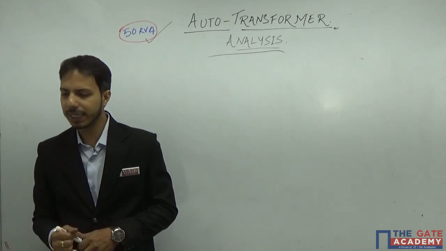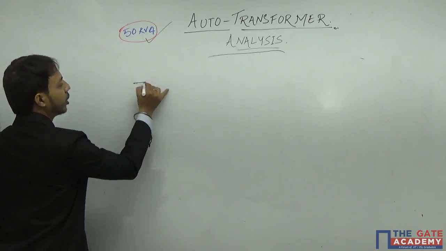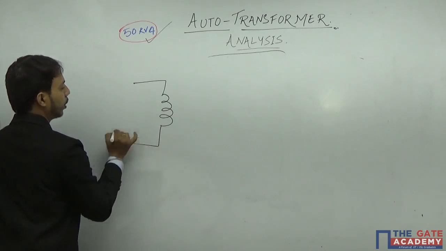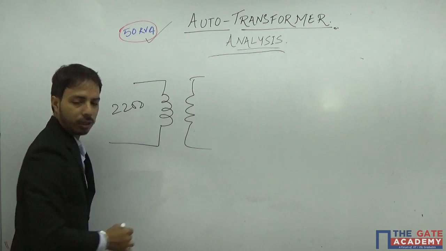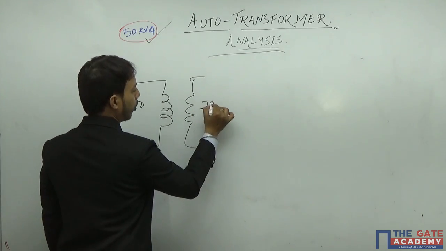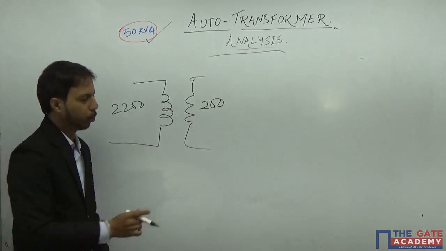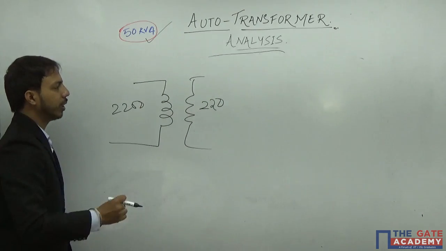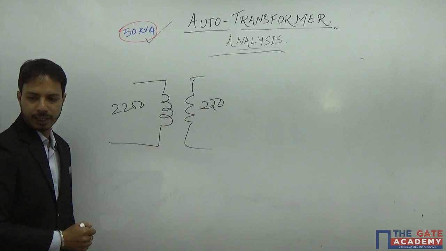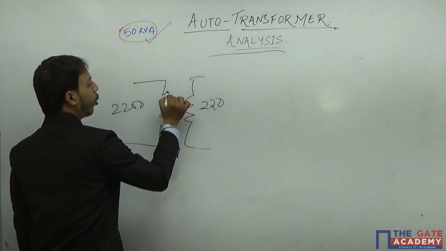That means they are saying that I have a 2-winding transformer of 2200 and 220 volt. So this is the condition, and let us calculate the maximum current these coils can carry.